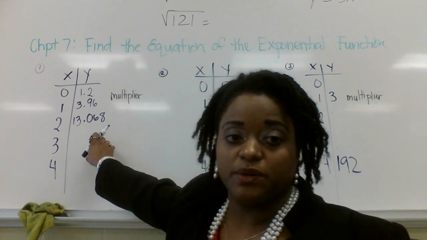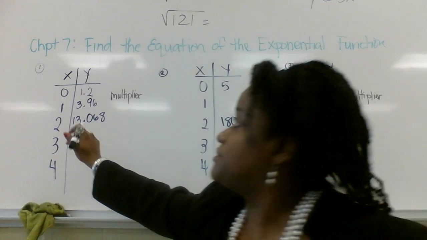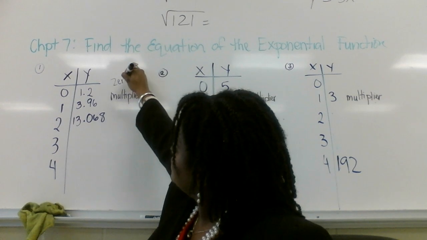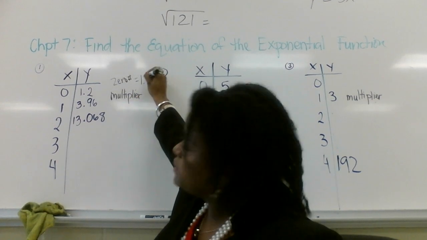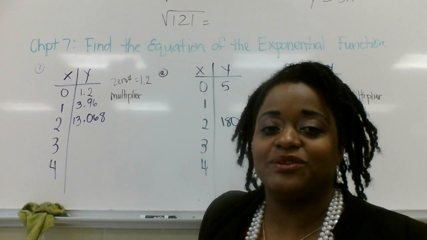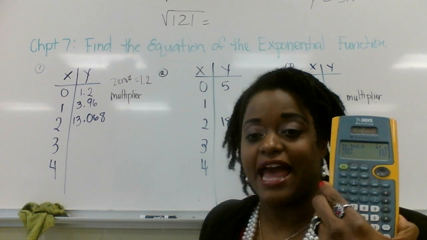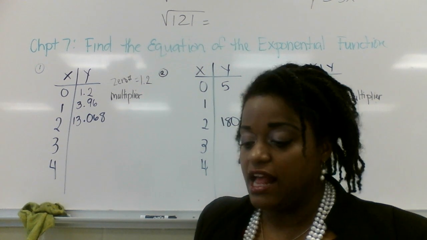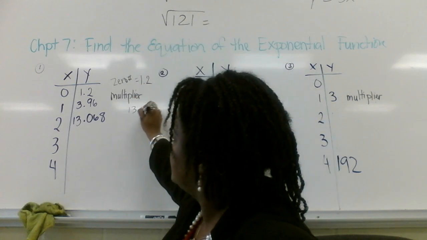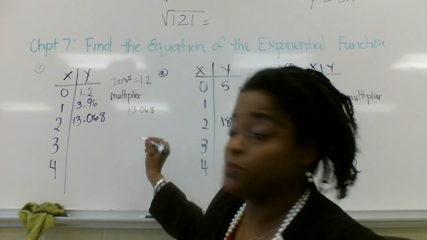So here on this one, we have 1.2 as a 0 number, so that's nice. And we don't know our multiplier, so we're going to use a calculator, and we're going to divide 13.068 by 3.96.